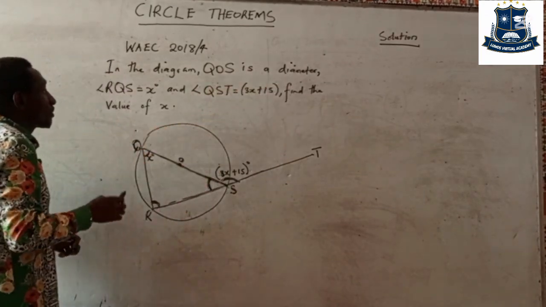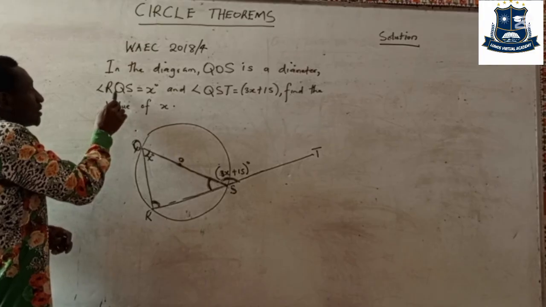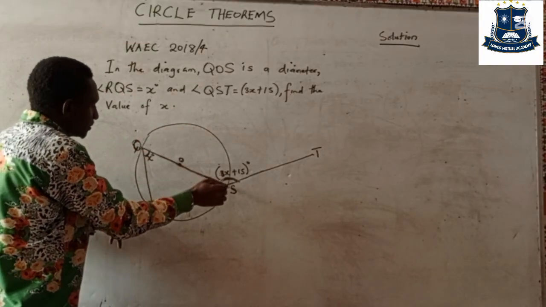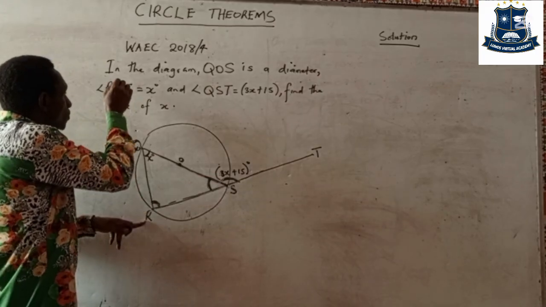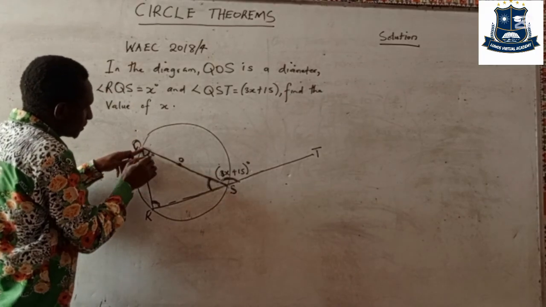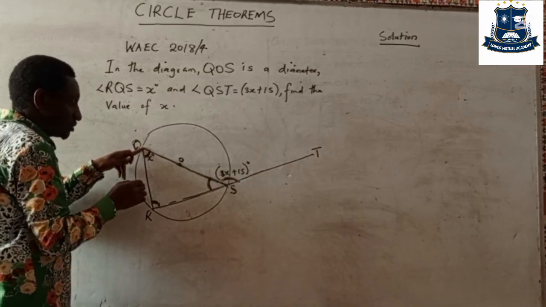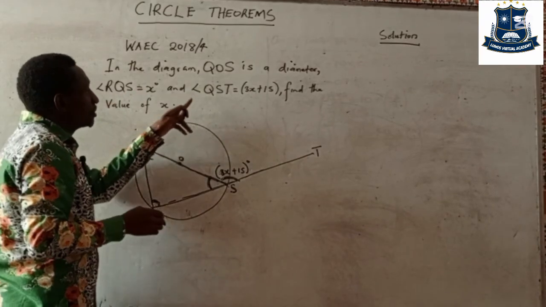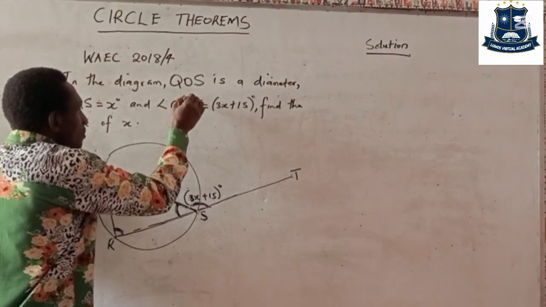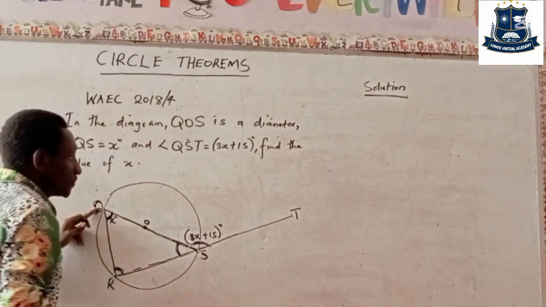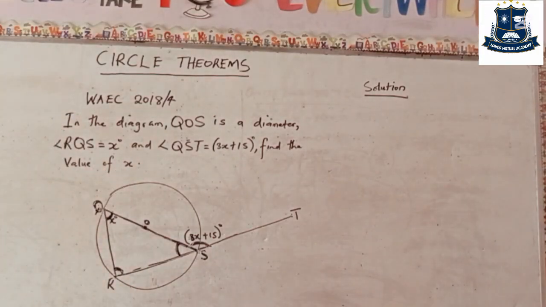We are also told angle RQS, that's the angle at Q, is x. The angle is always at the middle alphabet. And we're also given QST, which is 3x plus 15. And we are told to find the value of x.